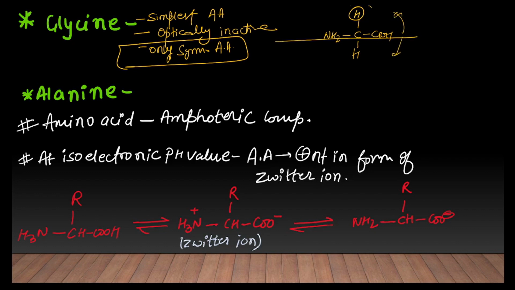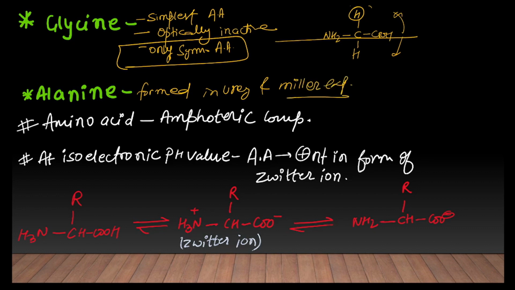Now about alanine: in the class 12 chapter Evolution, you will learn that alanine was first formed in the Urey and Miller experiment. That's the point.